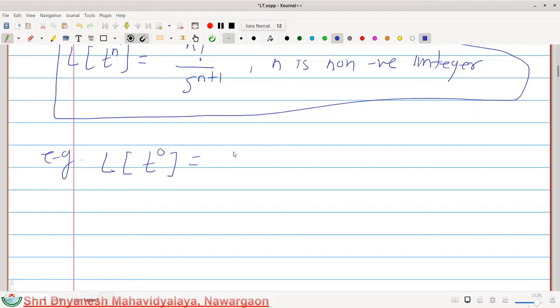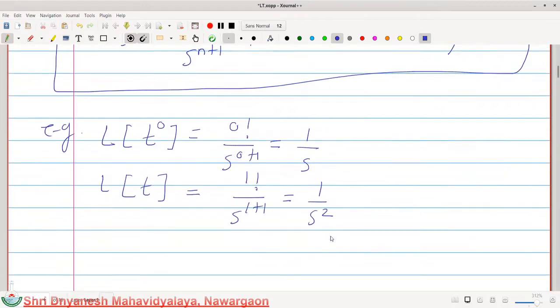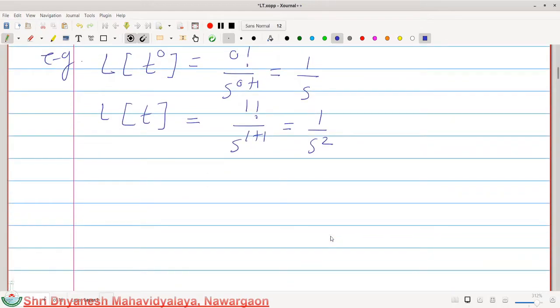This will be 0 factorial upon s to the power 0 plus 1, that is 1 upon s. What will be the Laplace transform of t power 1? This will be 1 factorial upon s to the power 1 plus 1, which equals 1 upon s square. In this way, you can find the Laplace transform of t to the power of non-negative integers.